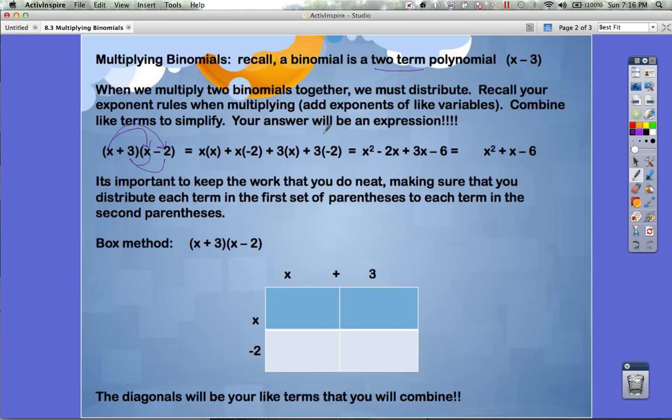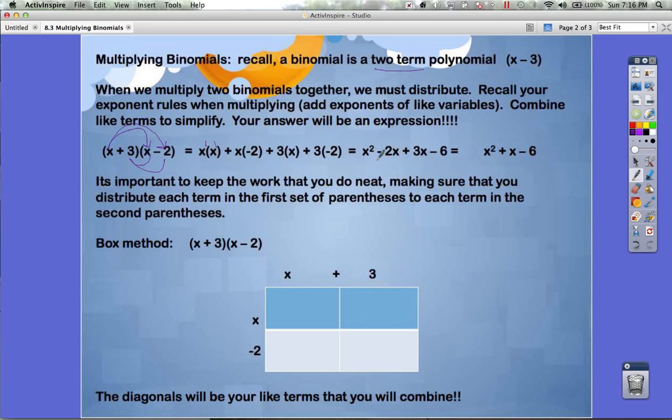When you get that, you end up with x times x, which is x squared, because remember you add your exponents, and then x times a negative 2, which is negative 2x, 3 times x, which is 3x, and 3 times a negative 2, which is a negative 6.